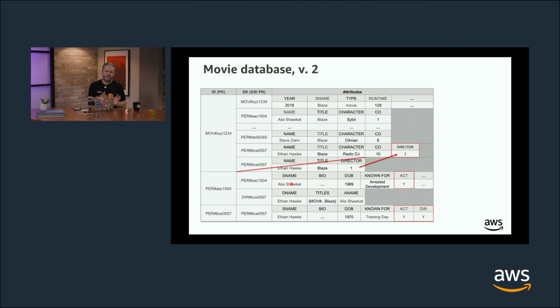The other question is, we haven't really talked about how we update these things, right? For example, in this case, if we have Ethan Hawke actor and Ethan Hawke director, we effectively have two entity records for basically the same person.